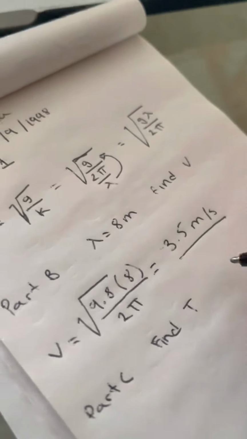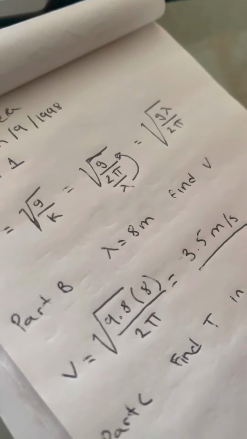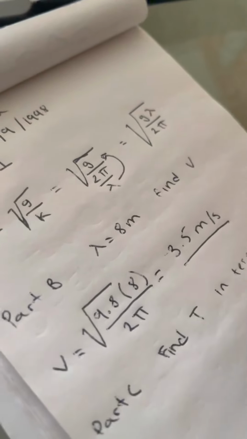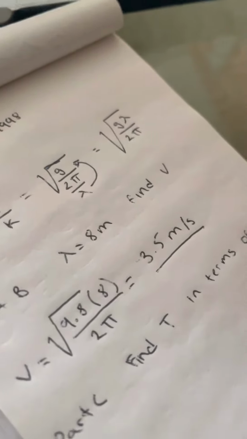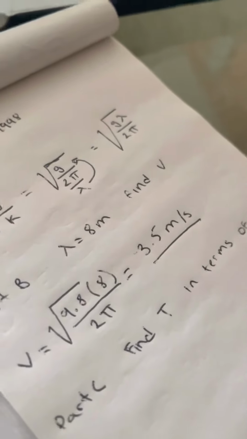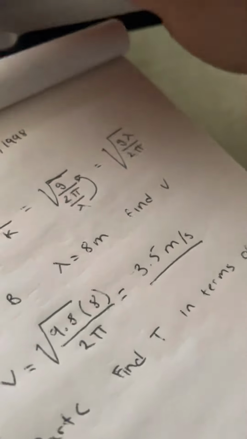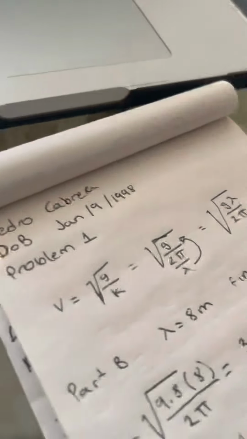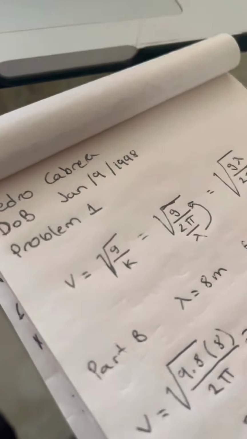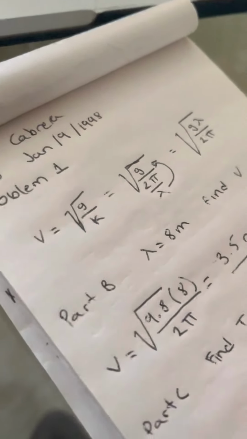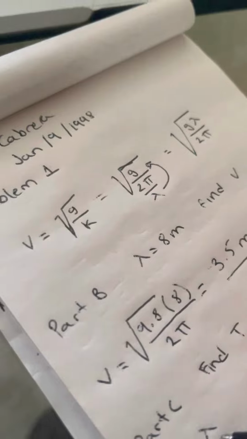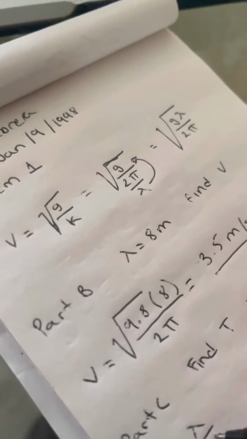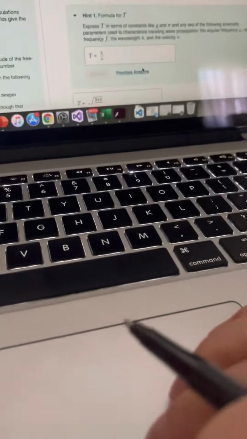Find the period in terms of lambda, also known as wavelength. So we begin by writing what we know, which is T equals lambda over v, which was a hint given.